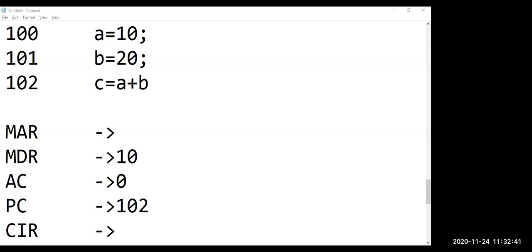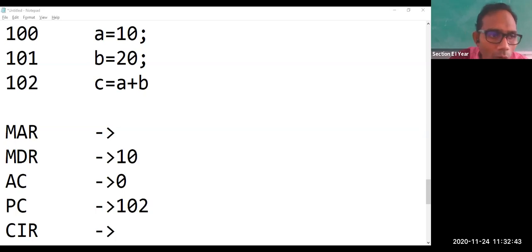Now we are executing line 2. What will be there in MAR? MAR requires B. What is the address of B? 300. So here 200 becomes 300. The previous data will be lost. The data will be overwritten every time. So here you will be having value 300 in MAR. What is MDR going to have? What is the value? 20. So MDR will be having 20 here, instead of 10.